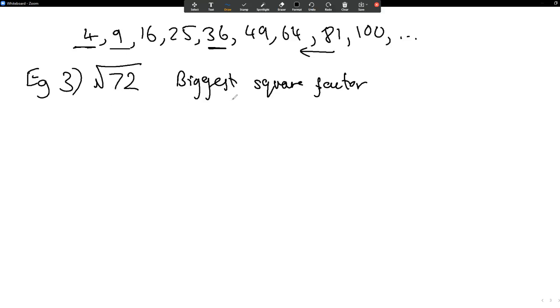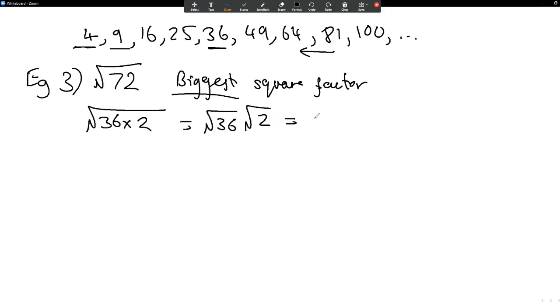But remember, we want the biggest square factor. So we should go for 36. So let's split it up into 36 times 2, because that's how you get to 72. And again, we can split up these surds, and then we can square root this to get 6 root 2.